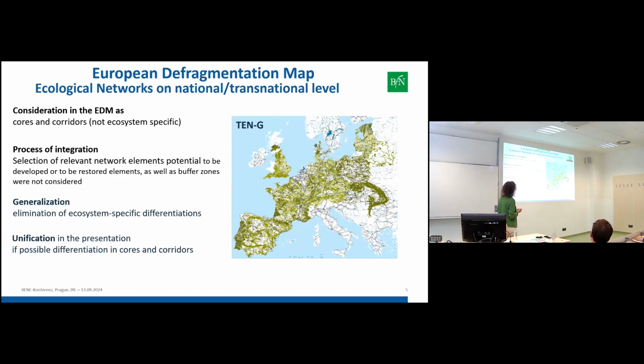The process of integration was the selection of the relevant network and elements. We had to look that it will work on European level. There's much more in it, but we can't put it in such a map. We generalized this. That means we eliminated our ecosystem-specific differentiations and unified in differentiation in cars and corridors.